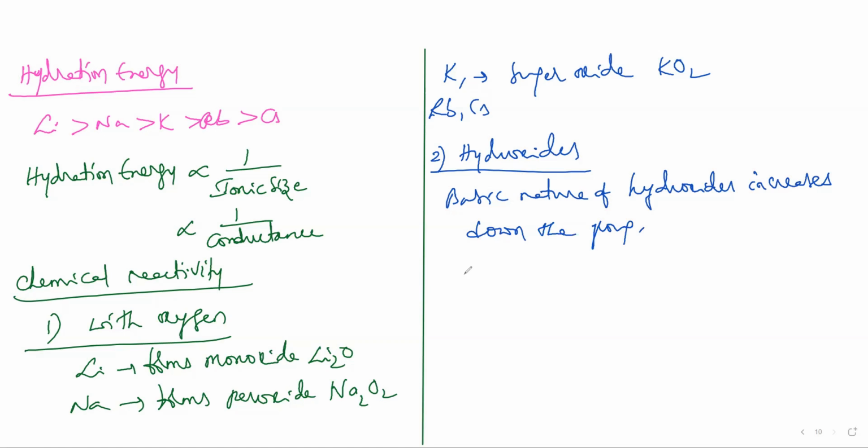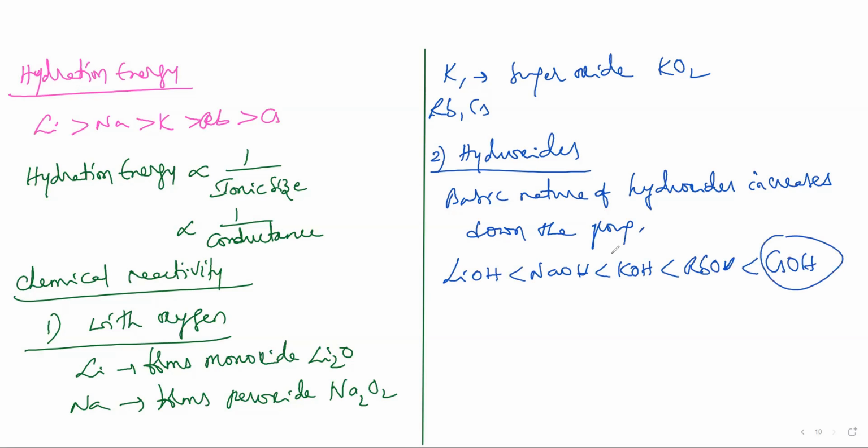That means basic nature of lithium hydroxide is less than sodium hydroxide is less than potassium hydroxide is less than rubidium hydroxide is less than cesium. So highest basic nature is cesium hydroxide. Next one, halides.